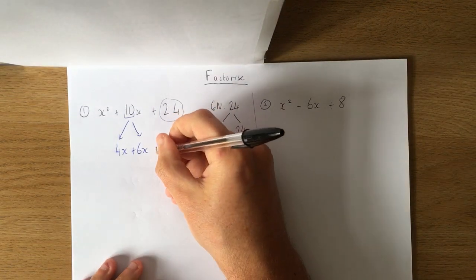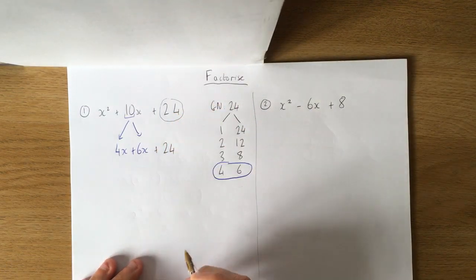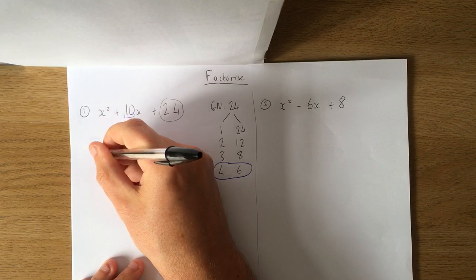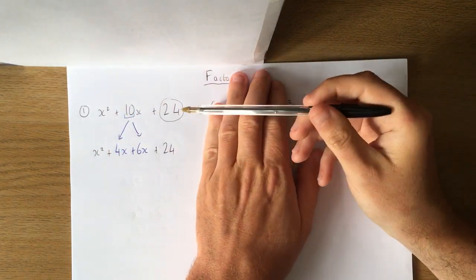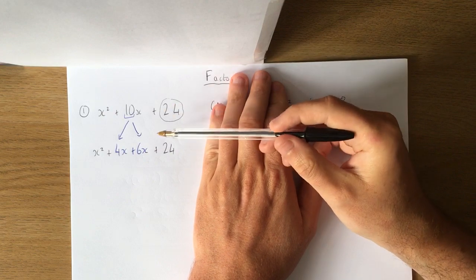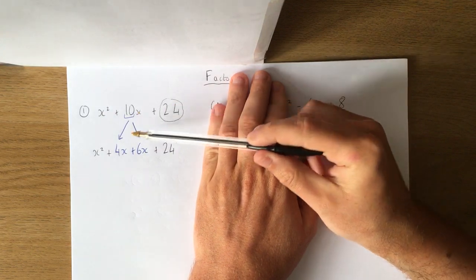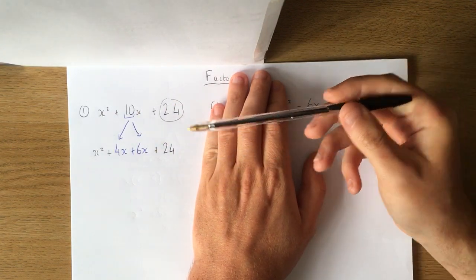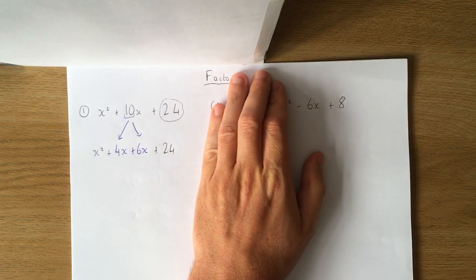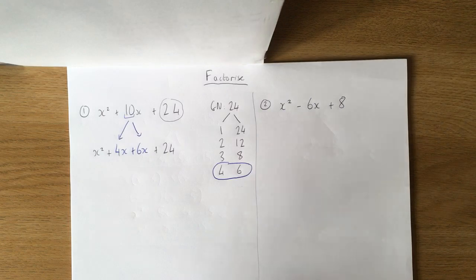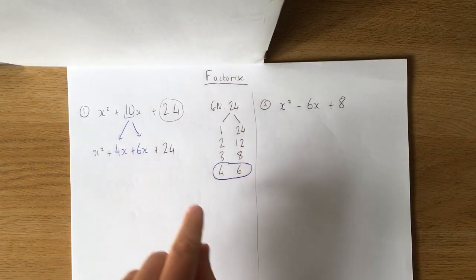I've still got my plus 24 at the end, and I've still got my x squared at the start. I haven't changed them. I haven't really done anything to the question here. I've just written it in a slightly different way. I've just split the 10x out into 4x and 6x. The reason I do it is because it will give me these two groups of 2.